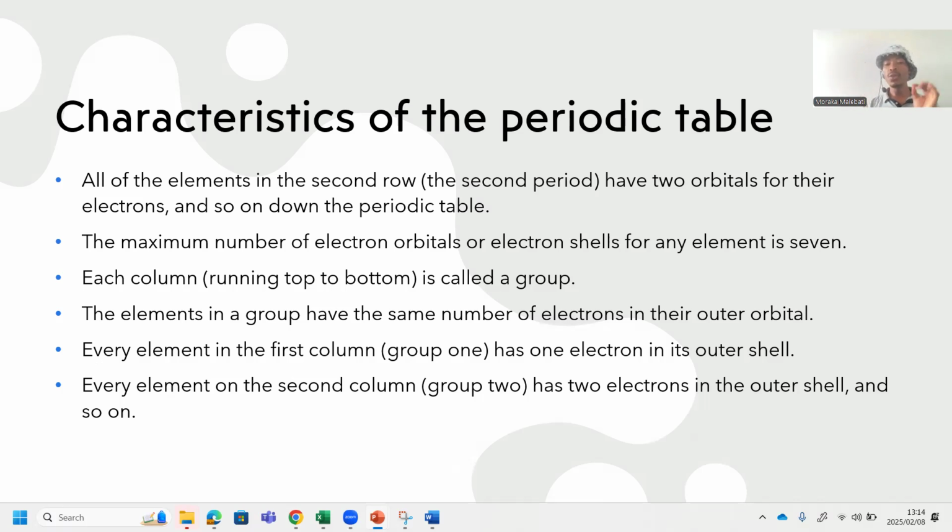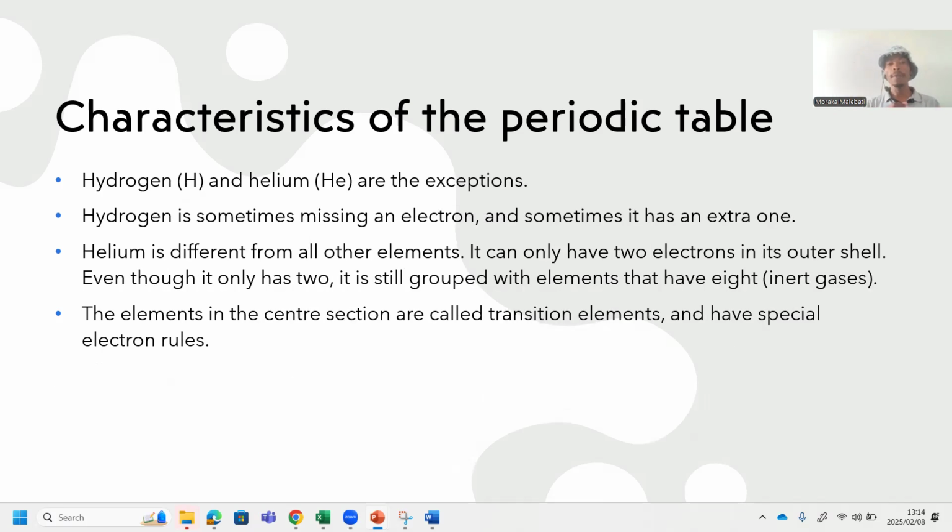Every element in the first column, group one, has one electron in its outer shell, and then group two will have two, group three will have three, and so on. So, like I said, with the exception of hydrogen and helium, because hydrogen can miss an electron, and sometimes it can have an extra one.